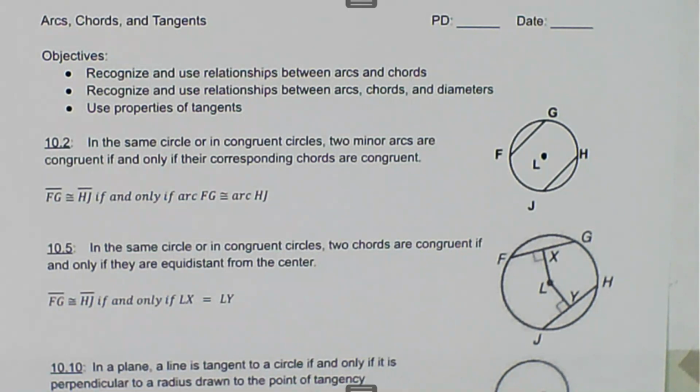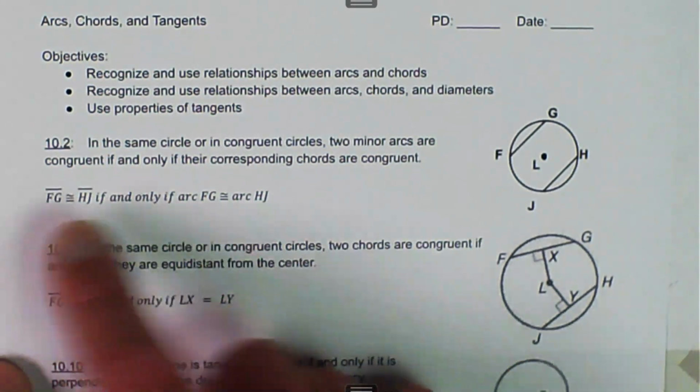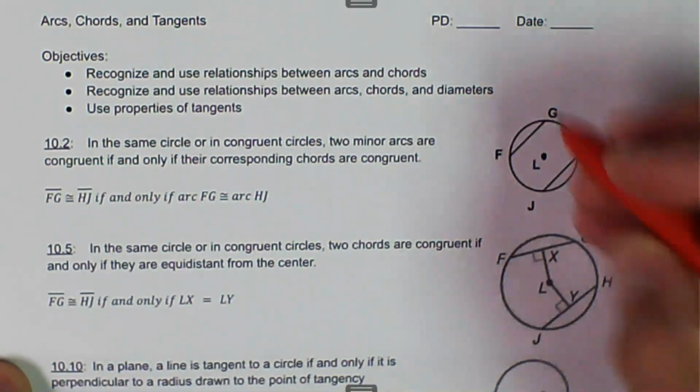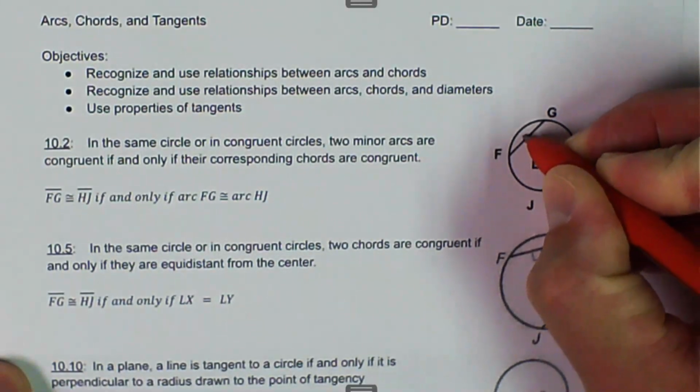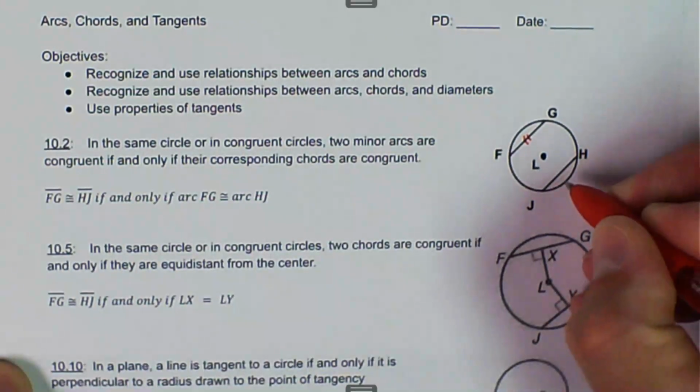So in the same circle or in congruent circles, two minor arcs are congruent if and only if their corresponding chords are congruent. So here we have line segment FG, right here, and that is congruent to line segment HJ.